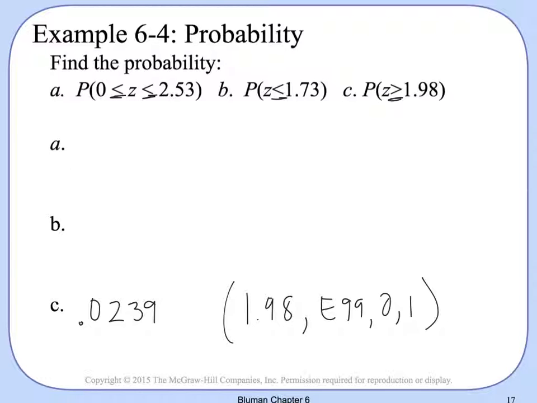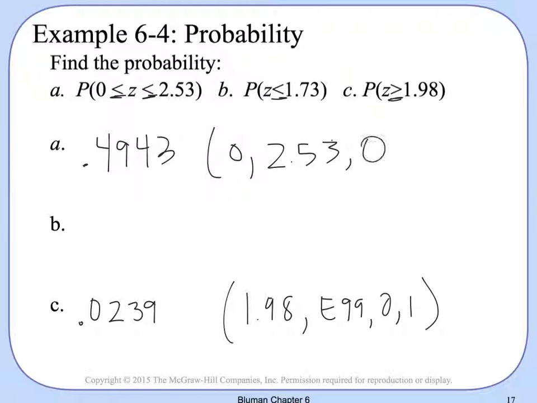A, I got 0.4943. And that one, you got your low and high right there, so that one was easier, probably. 0, 2.53, 0, 1.